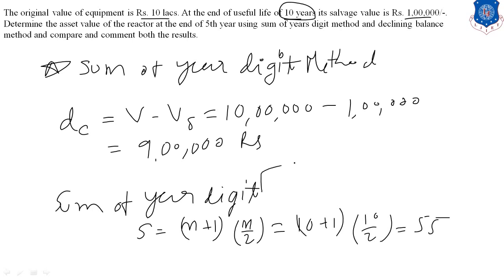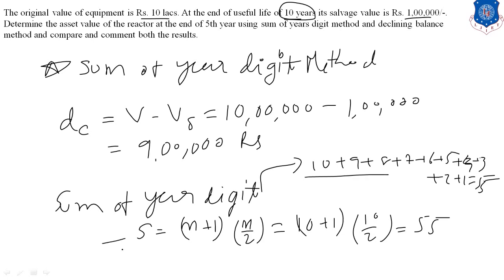Or if we calculate it like this, 10 plus 9 plus 8 plus 7 plus 6 plus 5 plus 4 plus 3 plus 2 plus 1, we get the same answer, 55. So we can calculate either way.